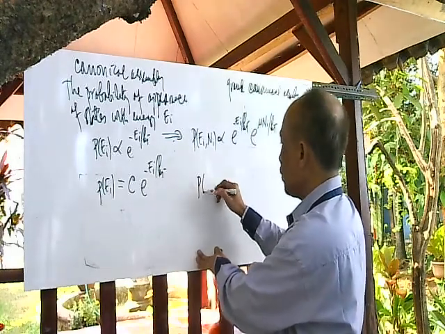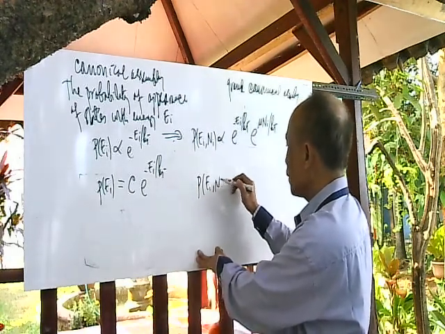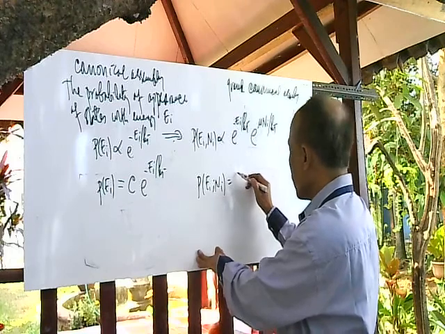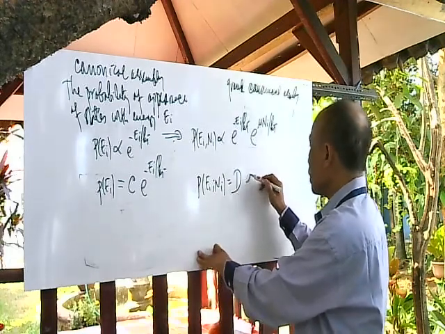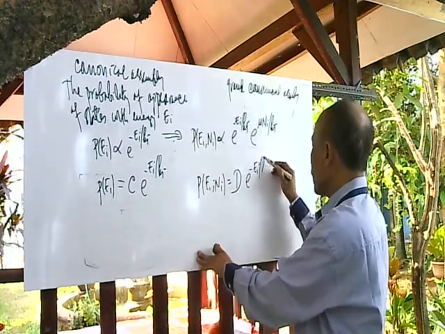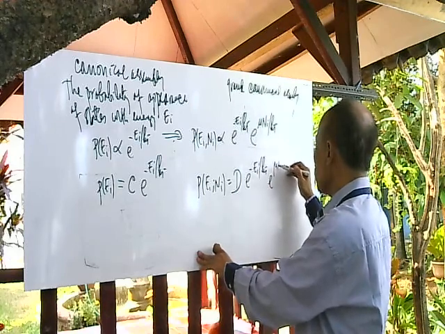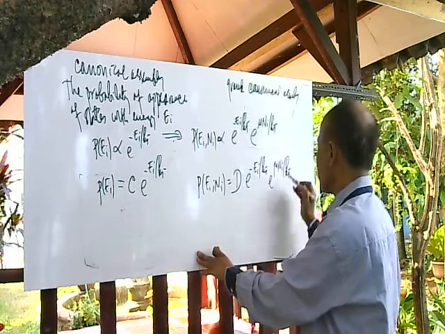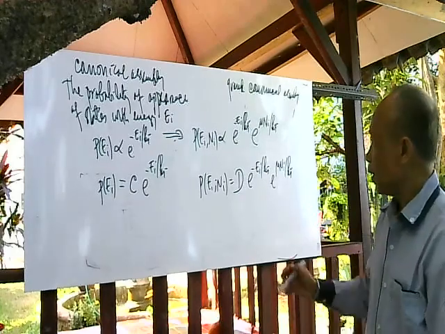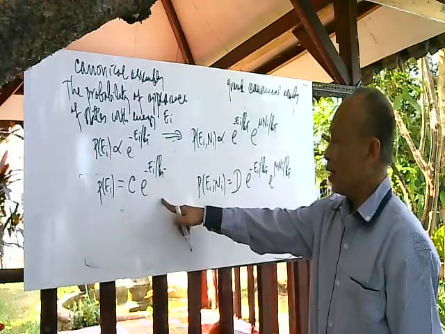Similarly, to have an equal sign for Ni, we introduce another constant, exponent minus mu Ni over kT. They are very similar.